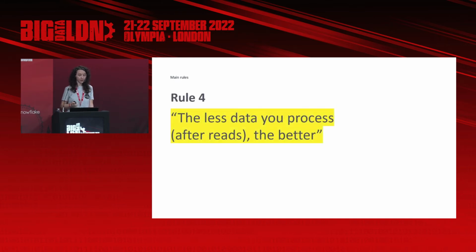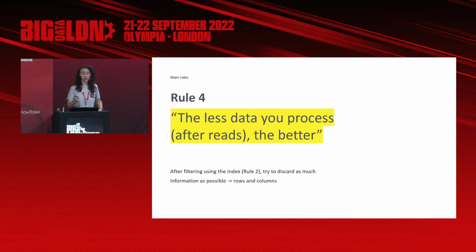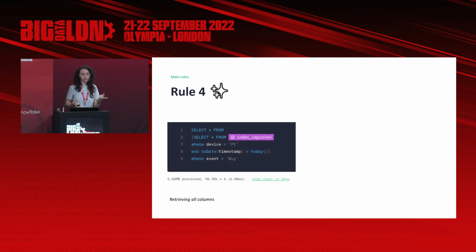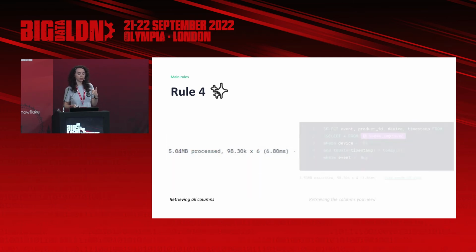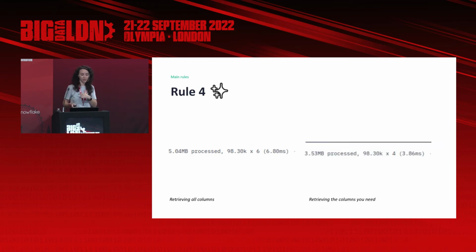Rule number 4: the less data you process after reads, the better. That means that once you have applied rule number 2 and rule number 3, you have tried to discard as much info as possible. For instance, if you just need 2 columns, just ask for those columns and don't retrieve all of them.